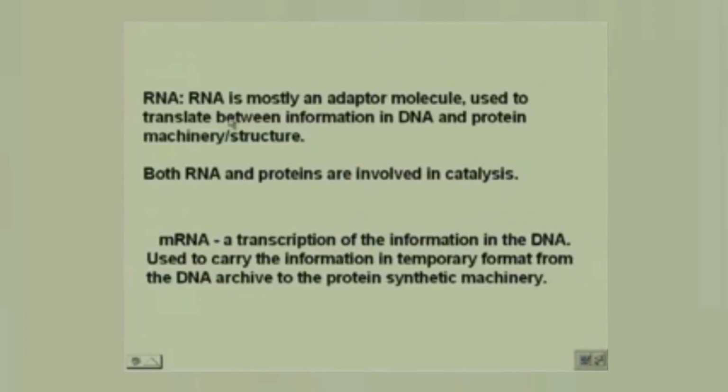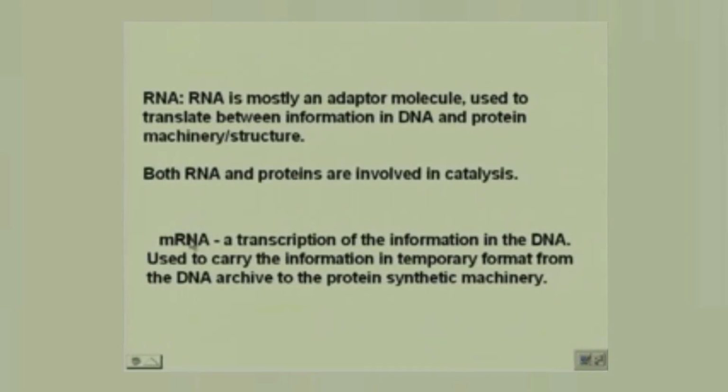So RNA is basically an adapter molecule that translates the information from DNA to the protein, right? So when we go from DNA to RNA, it's called transcription. RNA to protein is translation.